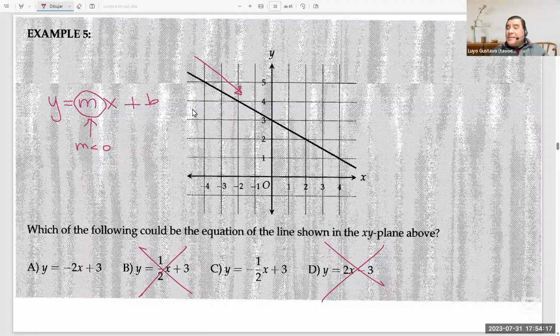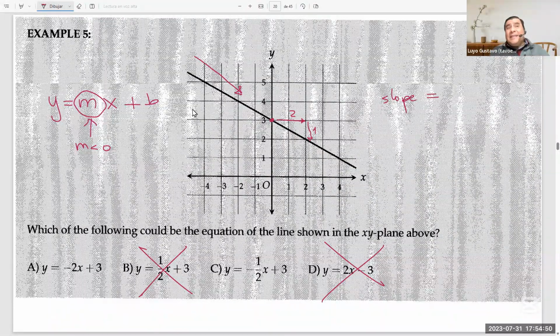Now, can you determine exactly the slope without knowing exact points? Yeah, you could try to determine some points which are clearly mapped on this grid. Let's start from this. What is the rise? You move 2 units to the right and go down 1 unit vertically. So what is the slope?